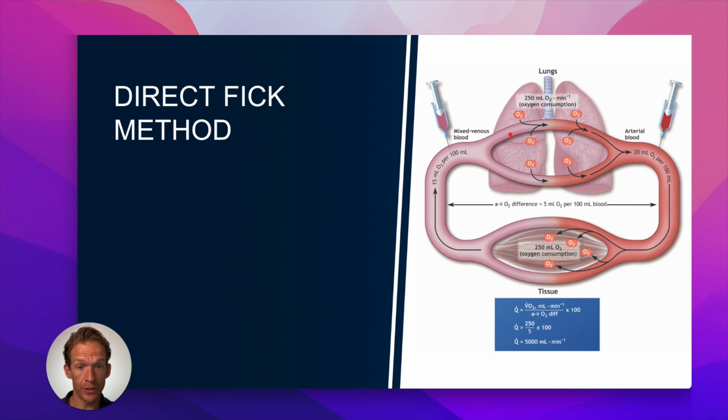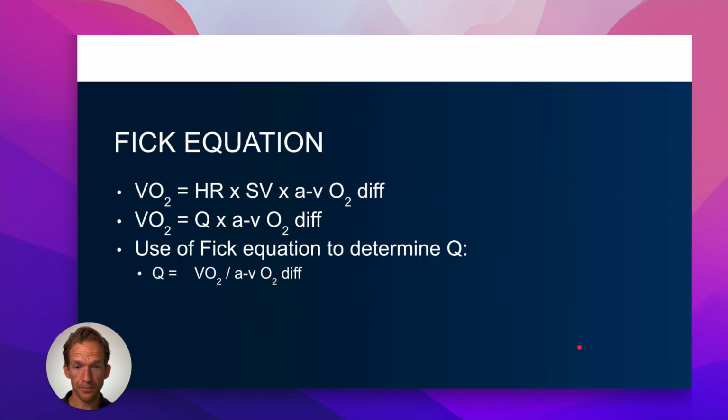So what you can see in this picture is that if you're able to measure the oxygen consumption in the muscles through oxygen measurements and CO2 measurements through the ventilation, and you would measure the mixed venous blood O2 content and compare it to the arterial content, you can have a look at the difference, the AVO2 difference. And then here in this formula, you can see that this is a way to calculate the cardiac output. If you know VO2 and AVO2 difference, cardiac output can be calculated.